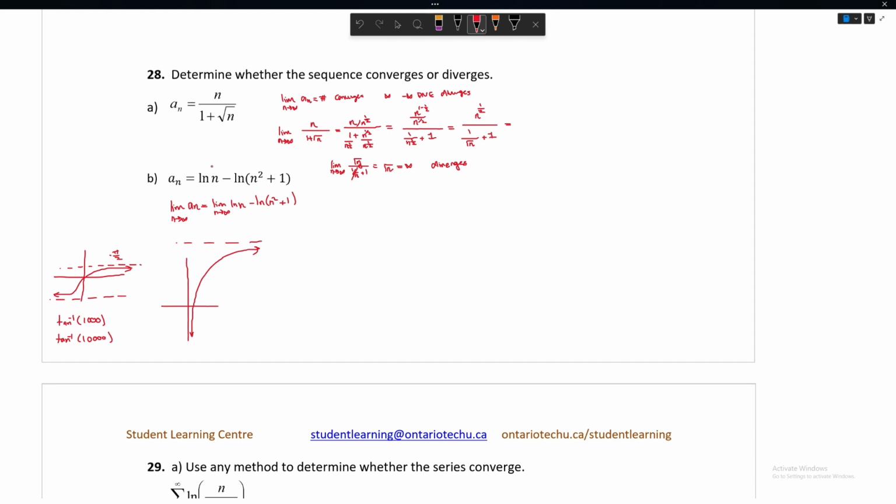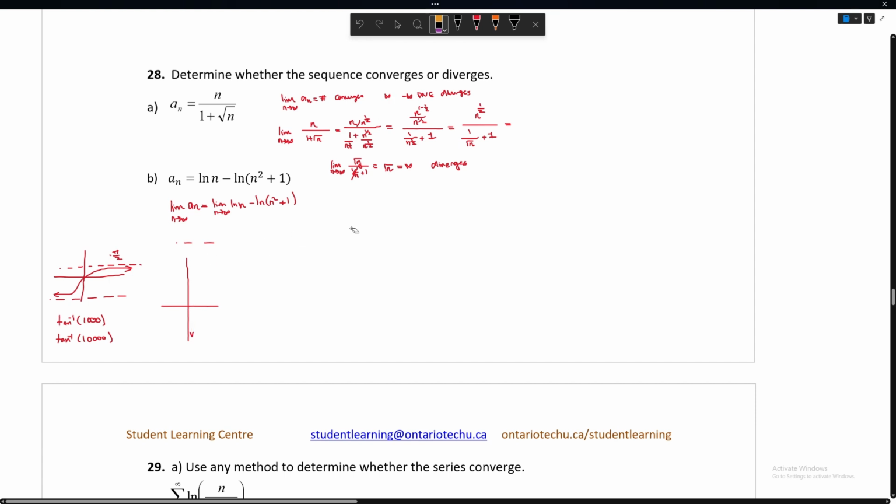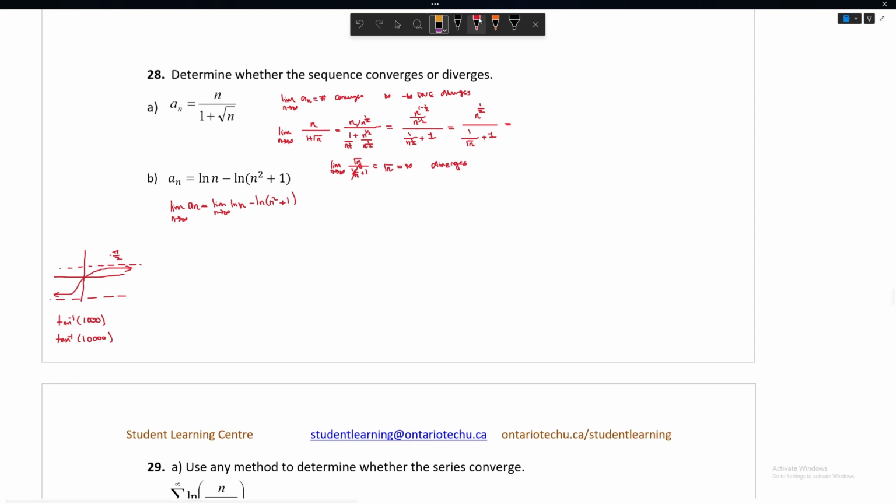So as it goes to infinity, this number will keep going, unlike tan where it'll stop. And so when you take the limit, your ln at n will go to infinity. Infinity minus your ln at infinity squared plus 1 is also infinity, right? And so it just goes to infinity, and so it diverges.